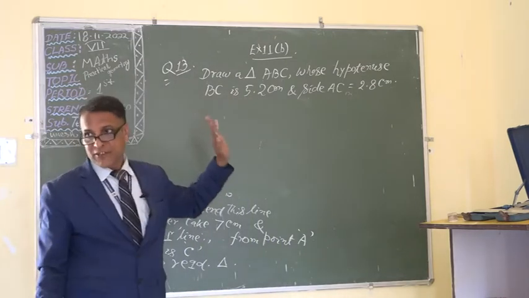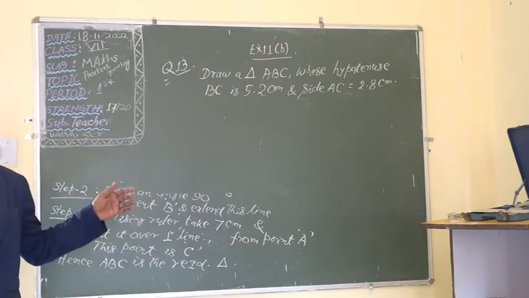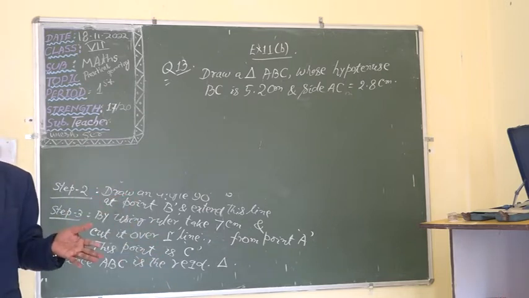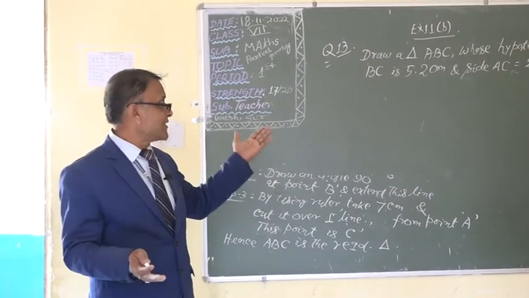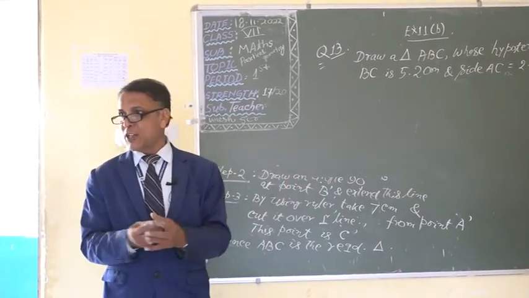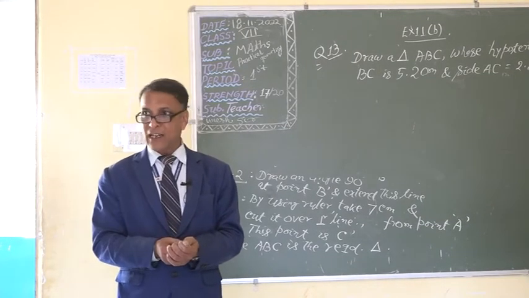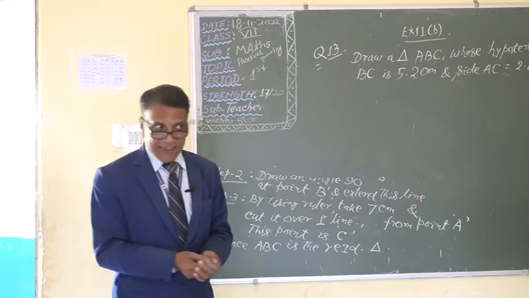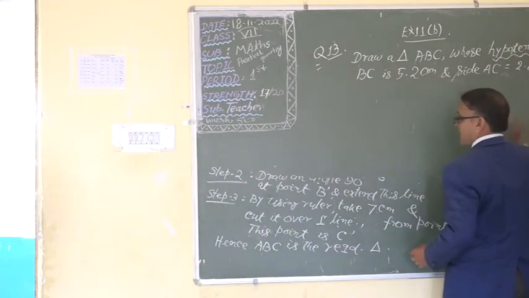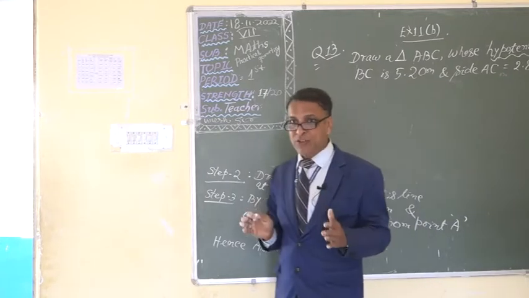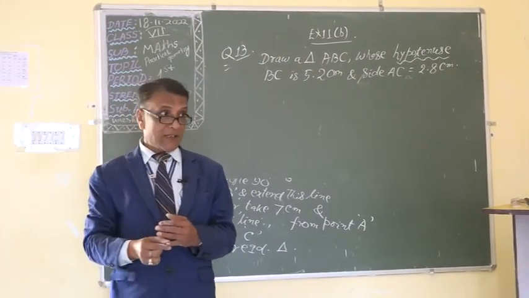First of all, is this triangle an ordinary triangle or a right angle triangle? Nowhere is it given which angle is 90 degree. Then how can you say it is a right angle triangle? Yes, it is a right angle triangle because hypotenuse is given. Only from a right angle triangle do we get a hypotenuse.